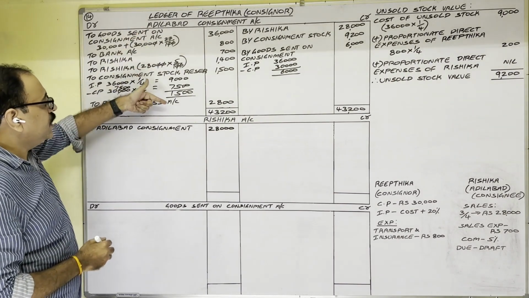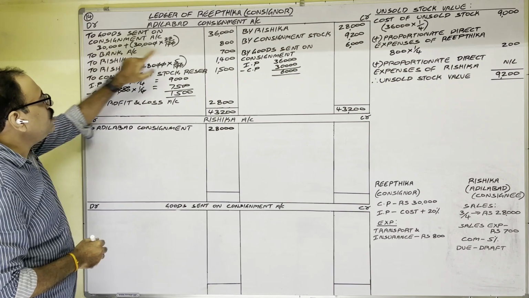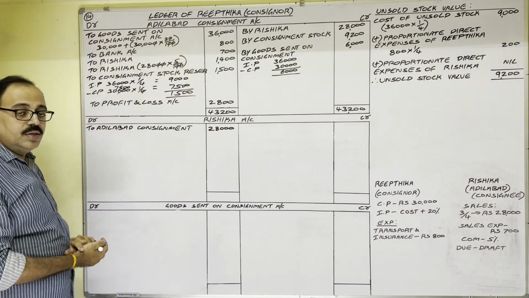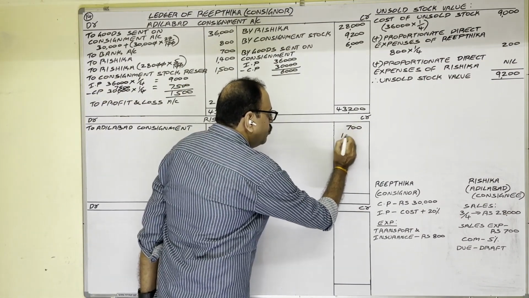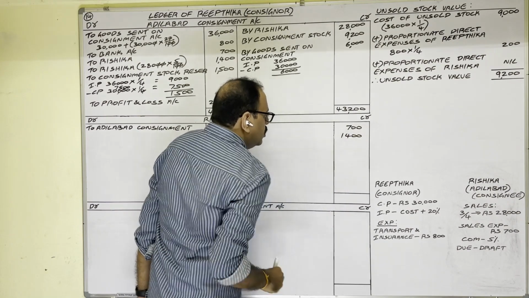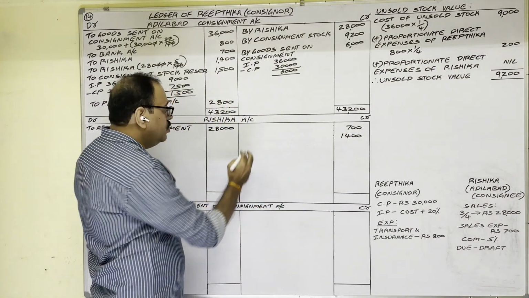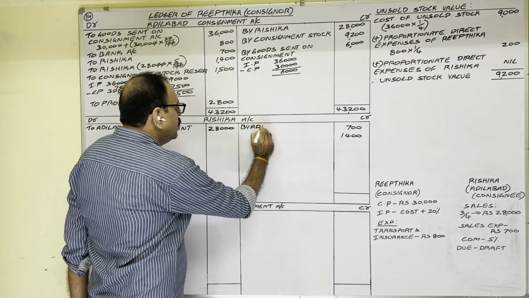Similarly, on the debit side, search for Rishika. Here "To Rishika" 700, again "To Rishika" 1,400. These two amounts we should write on the credit side, 700 and 1,400. We are taking these two values from the Adilabad consignment account, so in the particulars column write "By Adilabad consignment account."